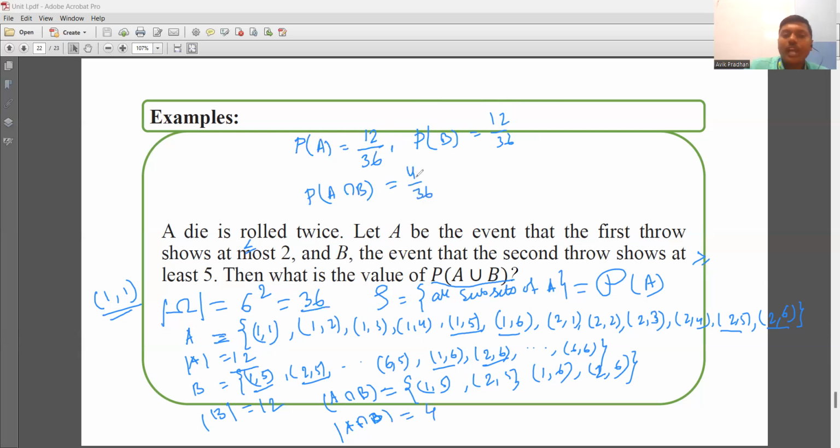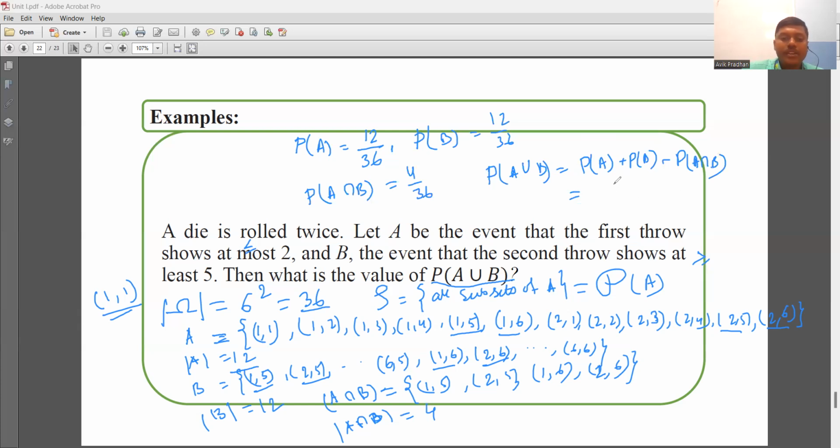So I have these three things in my hand. Now if I want to calculate probability of A union B, that will be equal to probability of A plus probability of B minus probability of A intersection B. That is the addition rule.